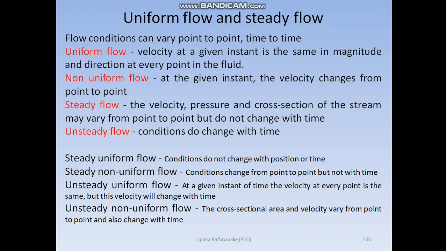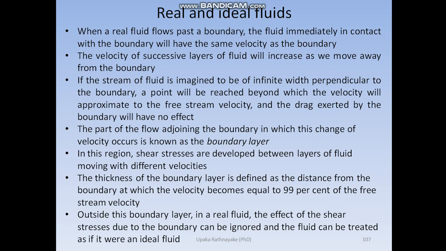Now, we can formulate another four types of flow conditions: steady uniform flow, steady non-uniform flow, unsteady uniform flow, and unsteady non-uniform flow by combining the previous flow conditions. Then we can have real and ideal fluids.